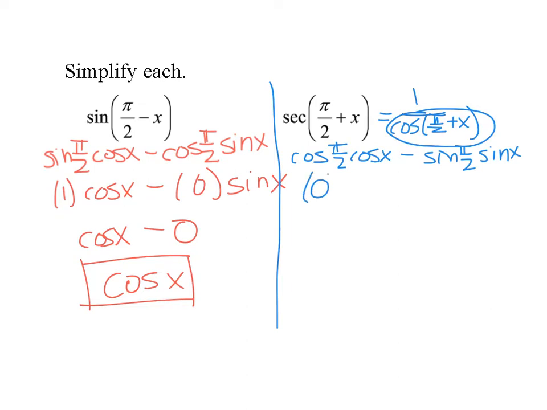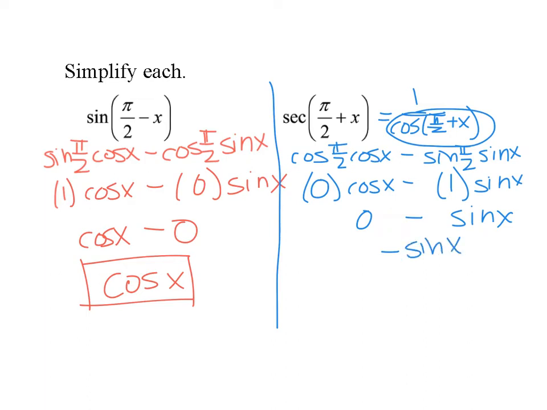Cosine of pi over 2 is 0 times cosine of x, minus sine of pi over 2 is 1 times sine of x. 0 times cosine of x is 0, minus 1 times sine of x is negative sine of x. So cosine of pi over 2 plus x is negative sine of x. But remember, we need the reciprocal. This is 1 over cosine of that. So the reciprocal of negative sine x is negative 1 over sine x. So this is actually equal to negative cosecant of x.